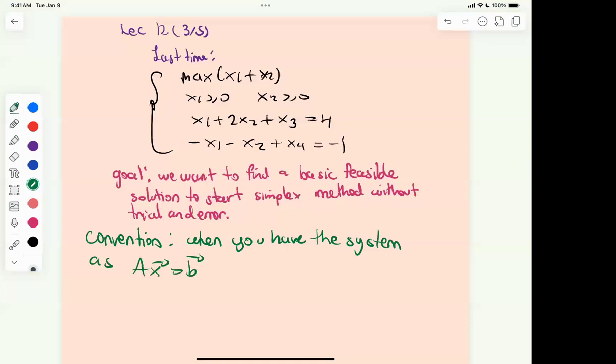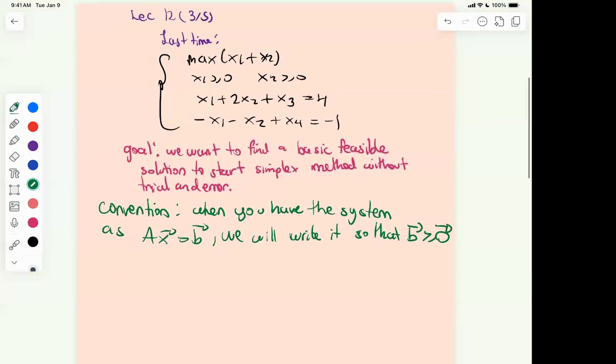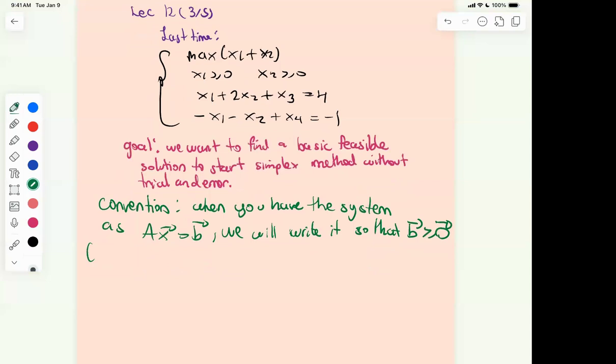We will make every entry of B non-negative. We will write it so that B is greater or equal to 0. And by that, I mean that every entry of B is non-negative.